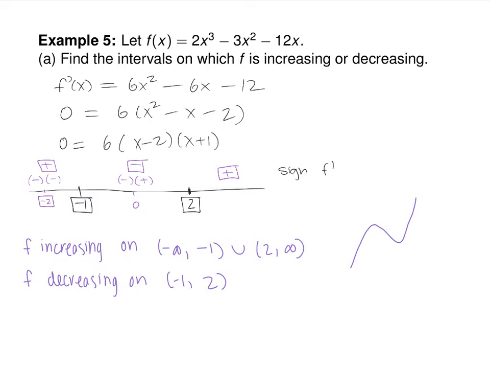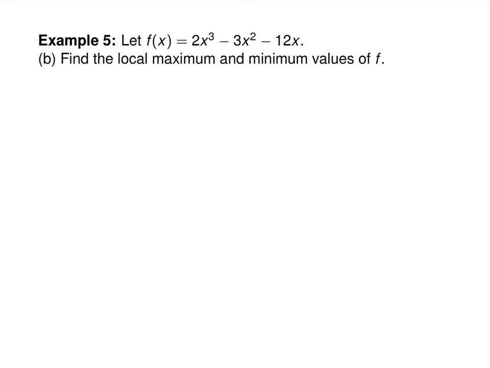Okay. So local max, local min. So who's the local max? At negative 1. So f of negative 1, which is negative 2 minus 3 plus 12. So what's that? 7?